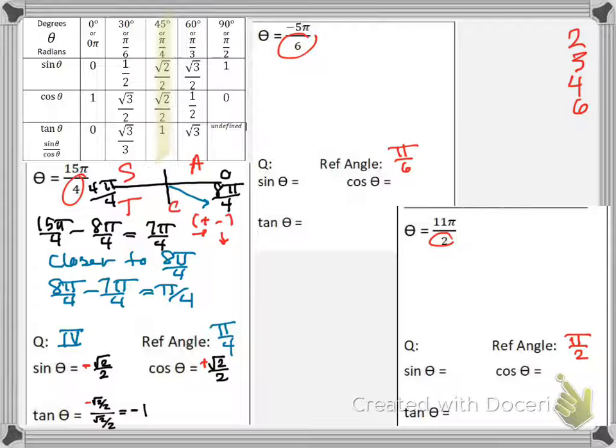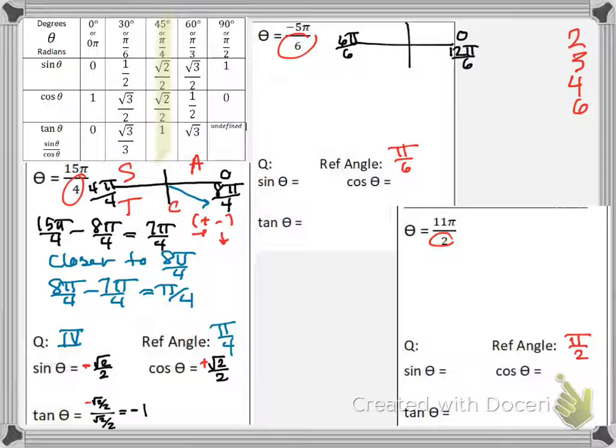Okay, here we go with negative 5 pi over 6. It's negative, so it's outside of the normal unit circle. I'm going to think about, here's pi, because this has a 6, I call it 6 pi over 6. And then over here, pi over 6, but 2 times 6 puts a 12 on top.